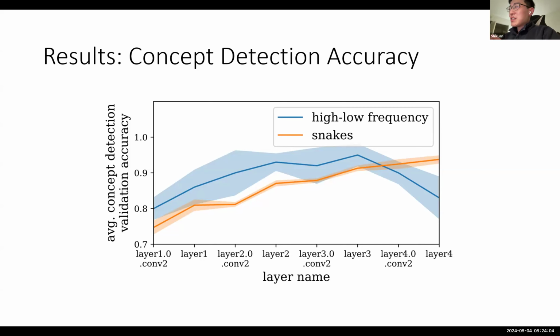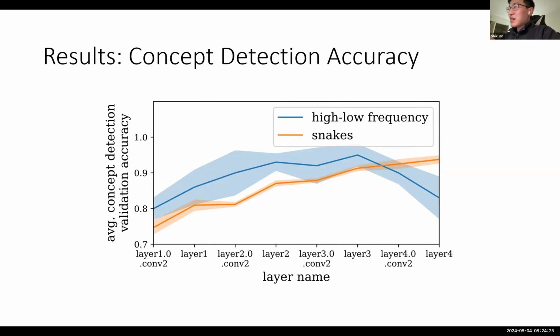So we just talk about the real concept detection accuracy, the binary classification accuracy. Actually they are pretty high, above 70% and close to 90%.